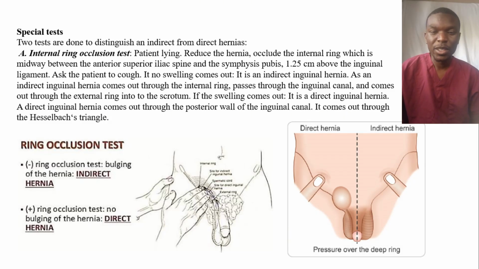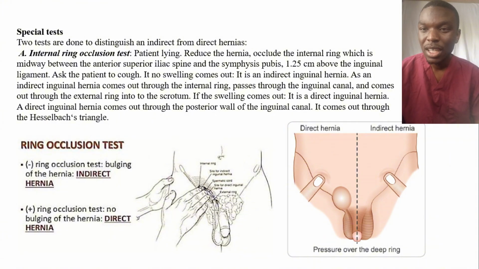Okay, so there are some special tests that you can do for these hernias that help you differentiate between a direct and an indirect hernia. The first one is the internal ring occlusion test.